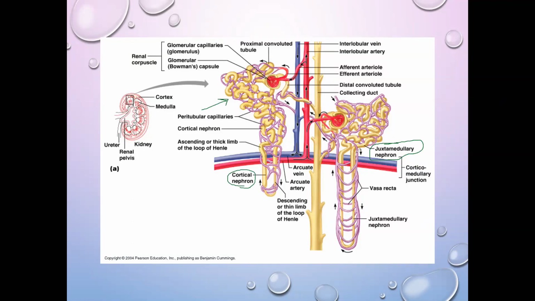When we get into the formation of urine, we'll talk more about the difference between these two. It's easy to see the border between the cortex and the medulla, because this would all be cortex up this way, and then medulla down this way, because we have these two arcuate vessels, arcuate artery and vein, and they just run horizontally at the border of the cortex and the medulla. So it's easily identified there.